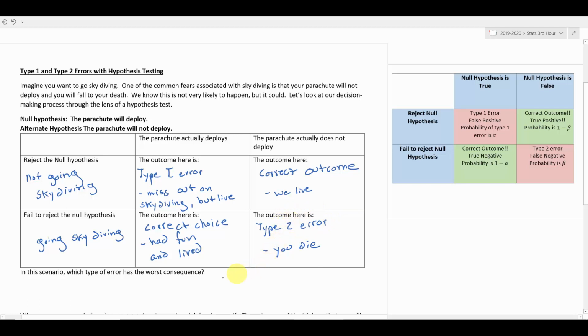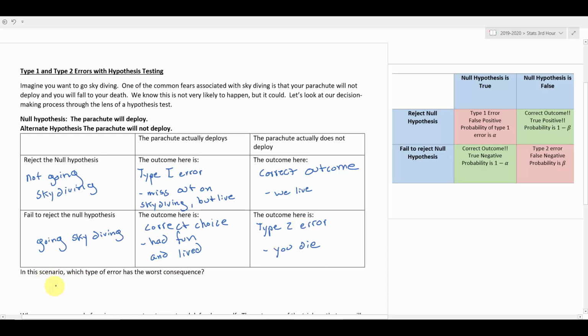Okay, so in this scenario, as with any scenario, it doesn't automatically mean that a type 2 error is always going to be the worst type of error compared to a type 1. It just depends on the specifics of the scenario you are dealing with. In this particular scenario, obviously, type 2 is the one that you want to avoid at all costs. So you would do everything in your test to minimize the probability of a type 2 error.